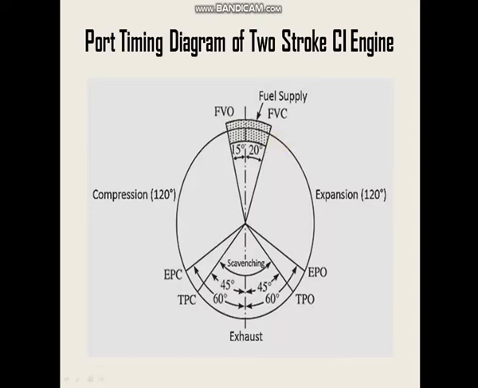It means that when the piston reaches just 15 degrees before TDC, the injector starts to inject the fuel into the combustion chamber, and the injection continues up to 20 degrees after TDC.